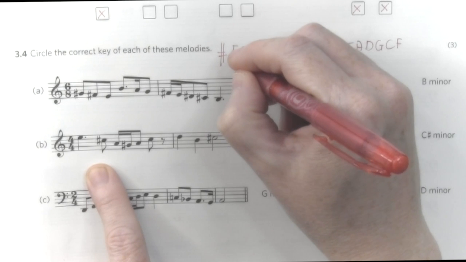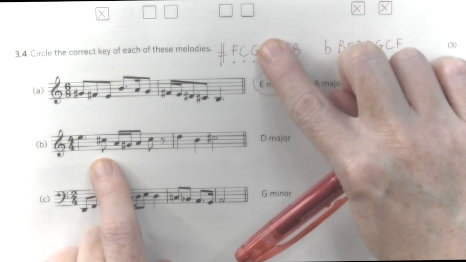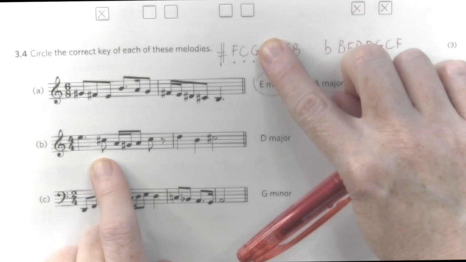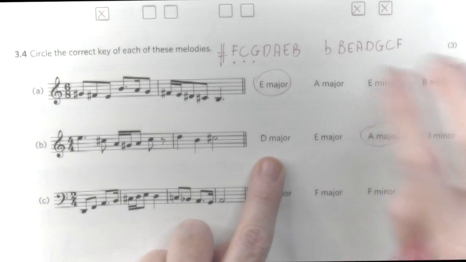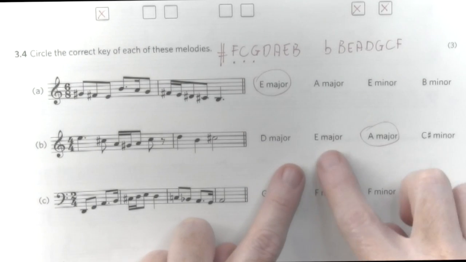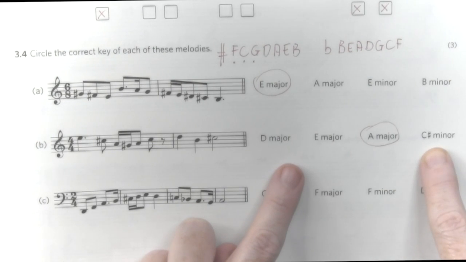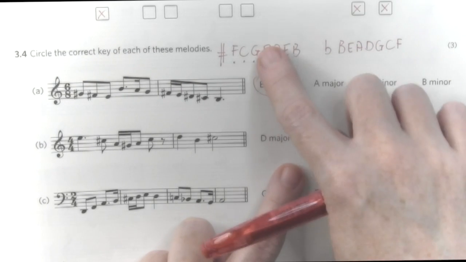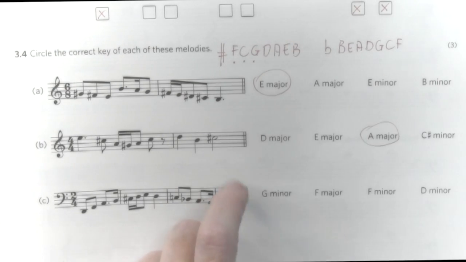So we must consider that in the key signature. Now our last sharp is G, plus 1 semitone, A. So we are in A major, and here it is. Again, D major would have 2 sharps, E major would have 4 sharps as before. C sharp minor is the relative minor of E major, so 4 sharps. That's it.